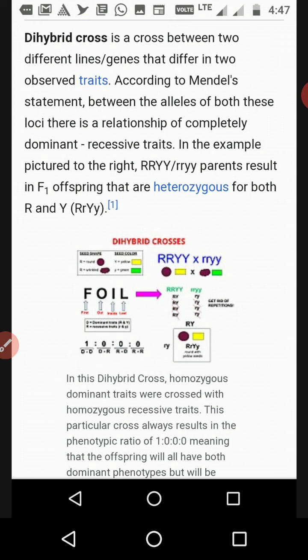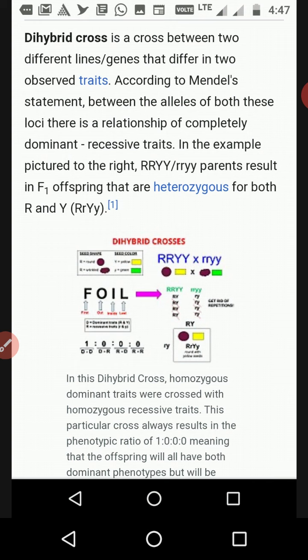Clear? In the F1 generation, both parents have two individual different characters, but in Mendel's experiment, in the F1 generation always one parent exhibits its own character, and that is called the dominant character.